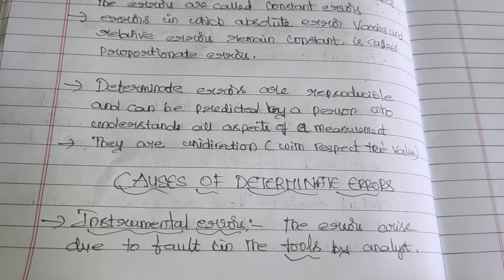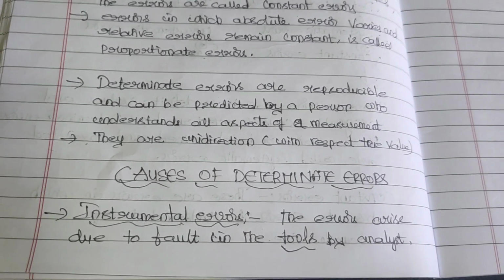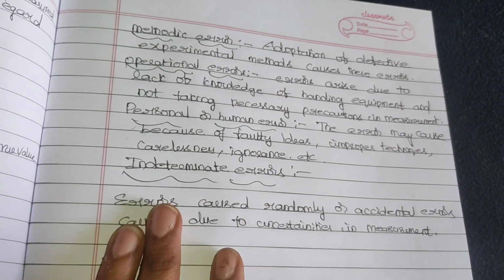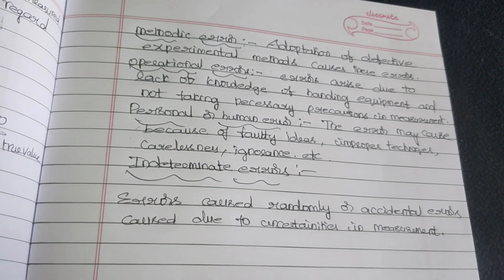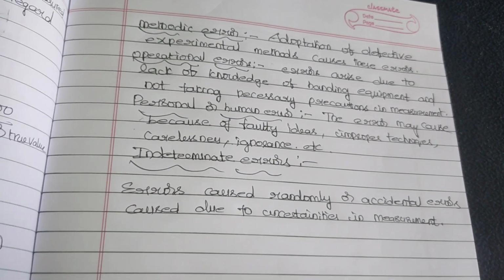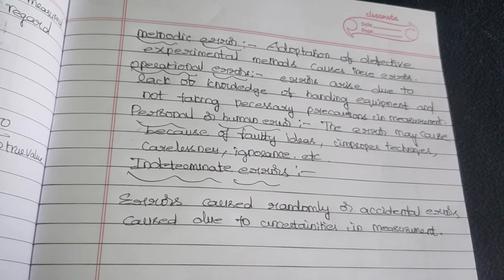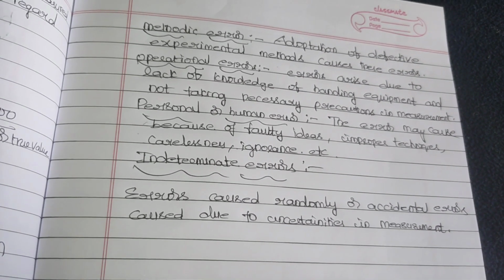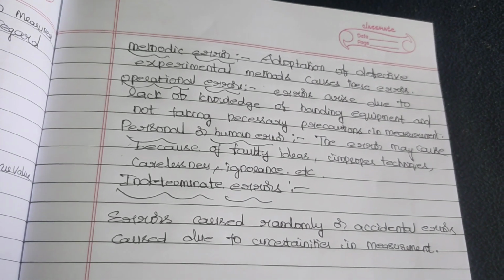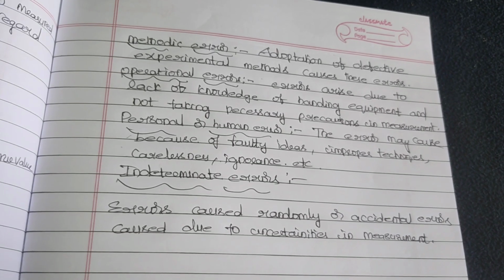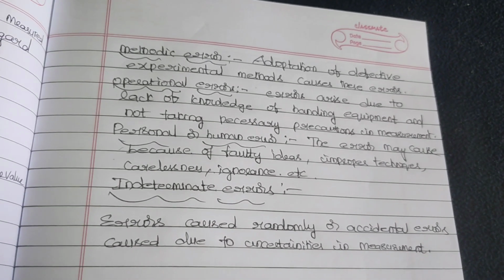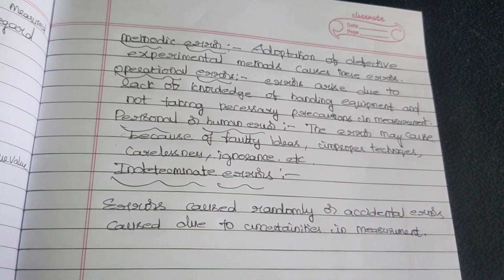Simply, errors caused due to faults in the tools used by the analyst. Next is methodic error. If the experimental methods we are using are suitable for that particular experiment, we get the correct value. If we use faulty or defective experimental methods, these errors occur. These errors are called methodic errors.